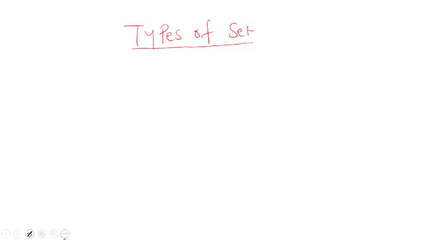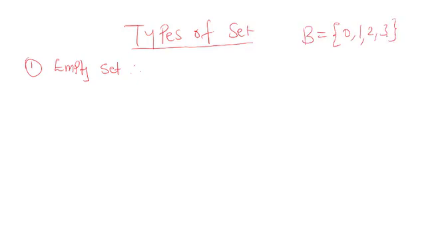Okay, welcome back. Now when we talk about types of sets, we have so many types of sets. For example, the first one is the empty set. Now remember, I told us that a set is a collection of well-defined numbers that have elements like 0, 1, 2, 3 continuously like that.